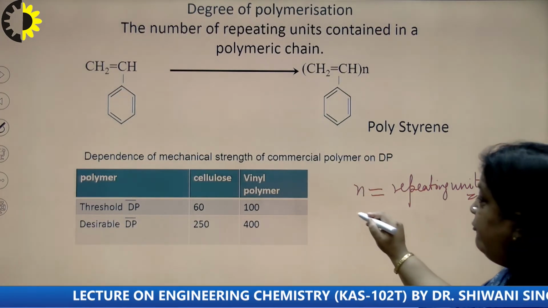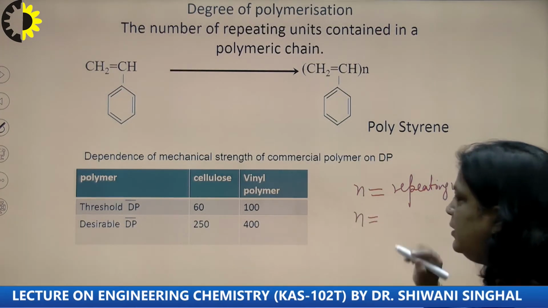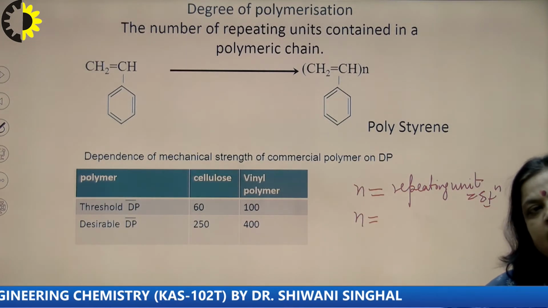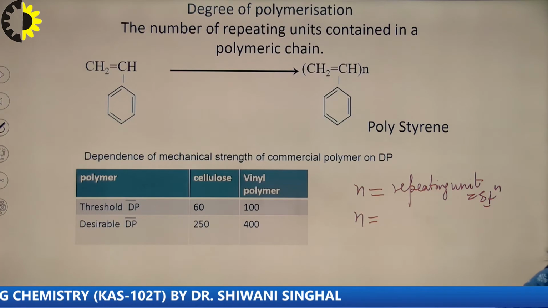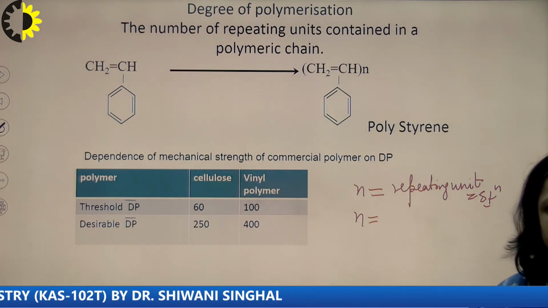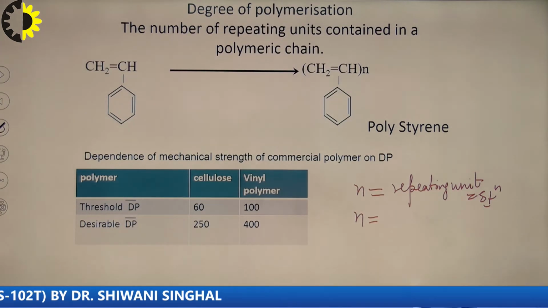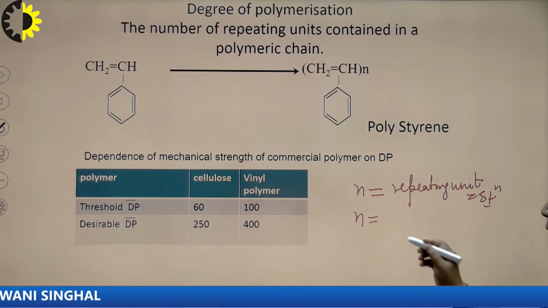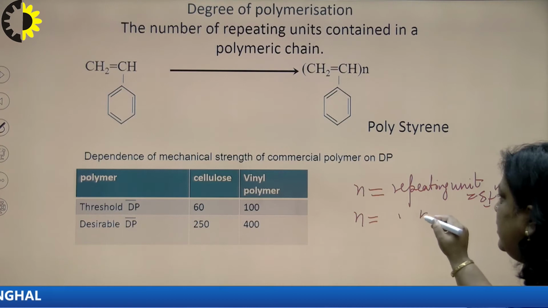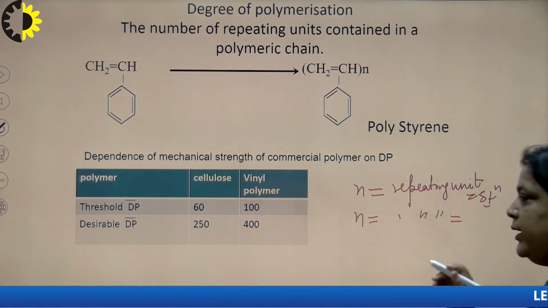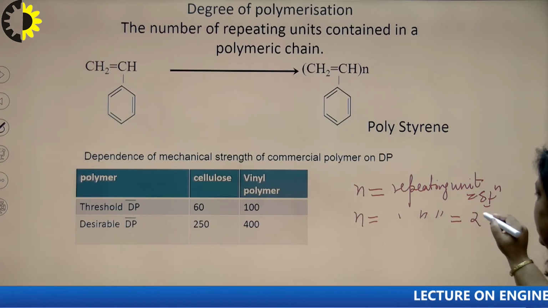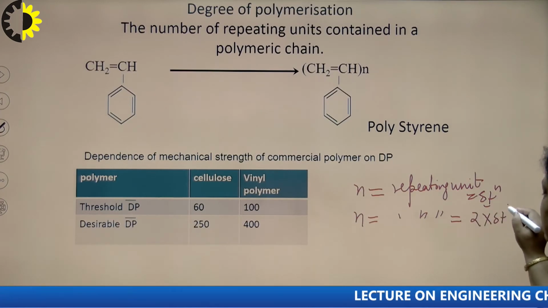But if more than one monomer is there, suppose in nylon 6, two types of monomers are used. First is adipic acid and second is hexamethylene diamine. So, when we talk about this nylon 6, N is the number of repeating units, but since the structural units are 2, it is equal to 2 into structural unit.